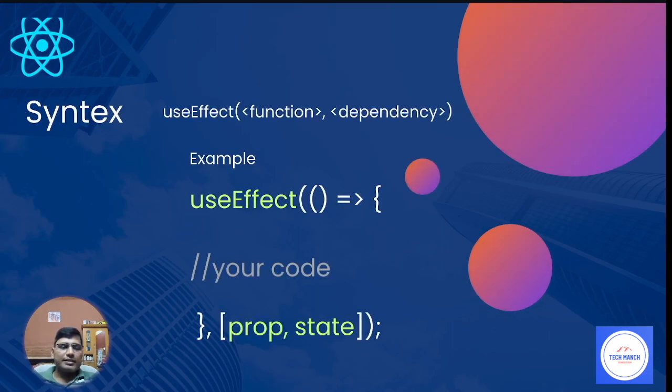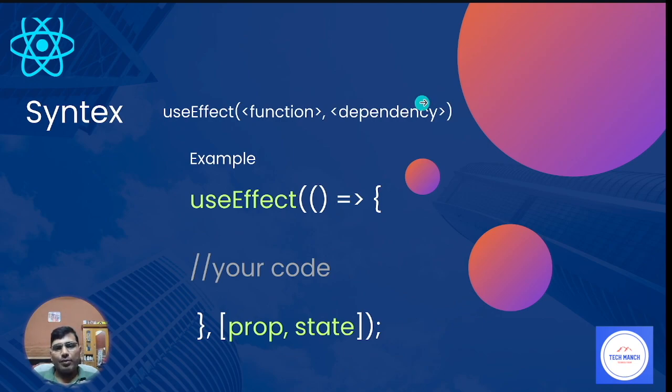So here we will discuss the syntax of useEffect. Basically, this is the method signature of useEffect. There are two parameters: number one, function, and number two, dependency. The function is nothing but your callback function, right? And the second one is responsible for the behavior of calling useEffect, when it should be called and when it should not be called.